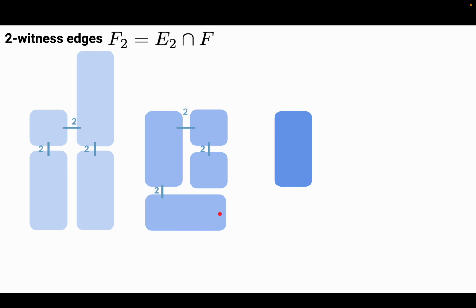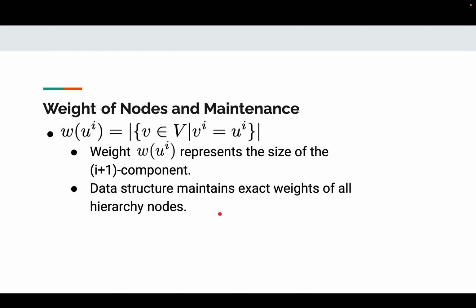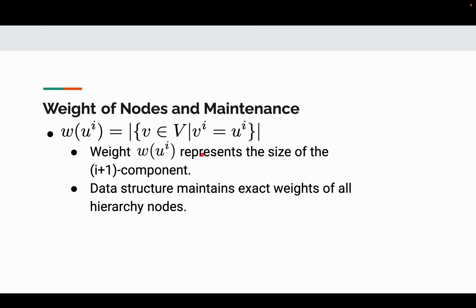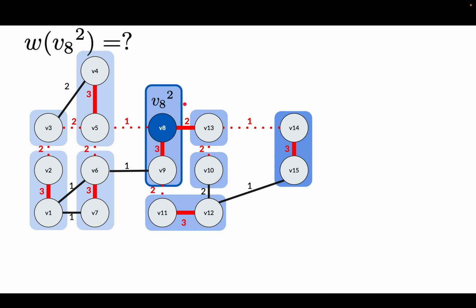It's just that simple. Then we define the weight of these nodes, these large nodes, to be the number of vertices included in the node. The node is just the connected component. So in the future, when we talk about the weight of a connected component, it just refers to the number of vertices included in this connected component.